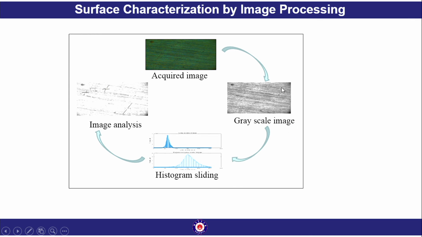From this grayscale image, peaks and valleys are denoted by image processing technique. You see the frequency diagram, with peaks and valleys here small. Then from this you can characterize the surface texture parameters, such as surface roughness. This is a modern technique of surface texture characterization.